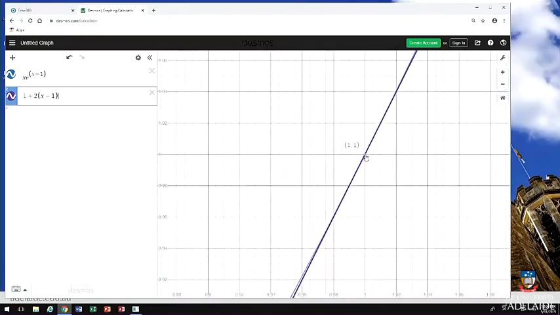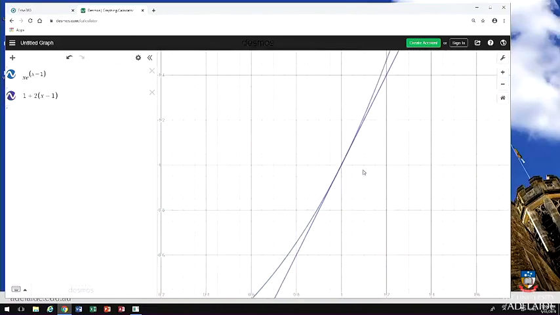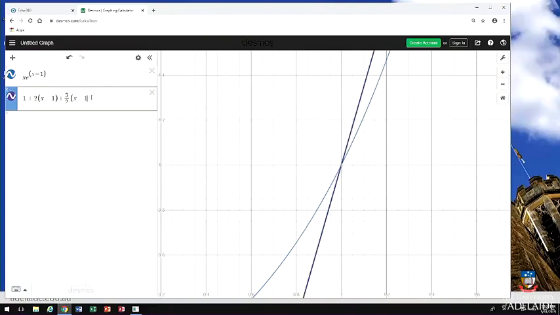Yeah, I mean, that's the whole point. The first derivative is pretty good at approximating your function. So that got wider, the section that was good. Okay, sweet.